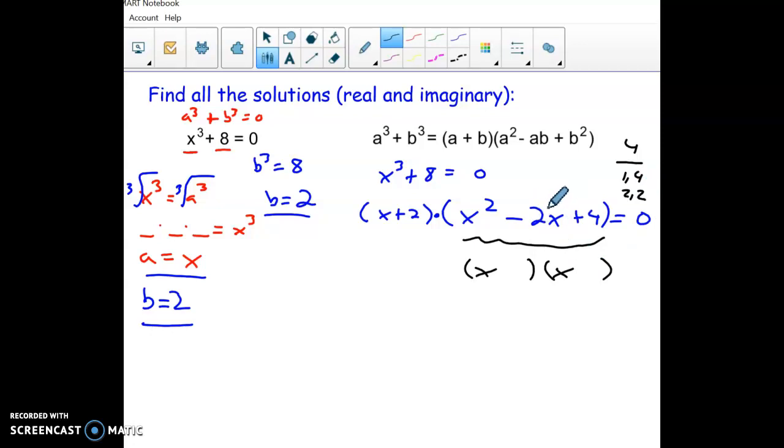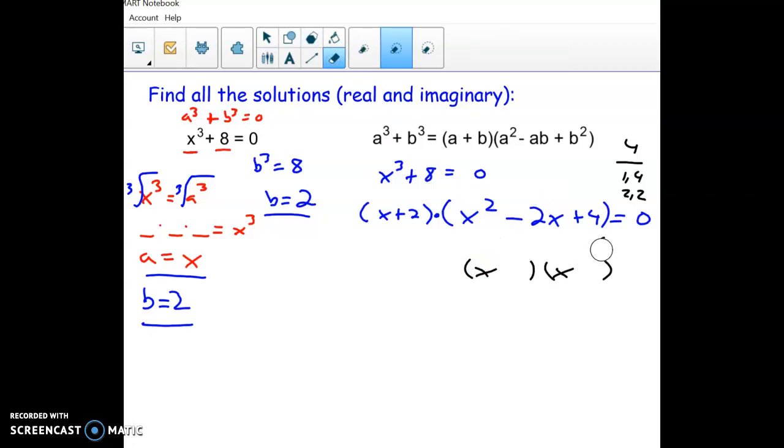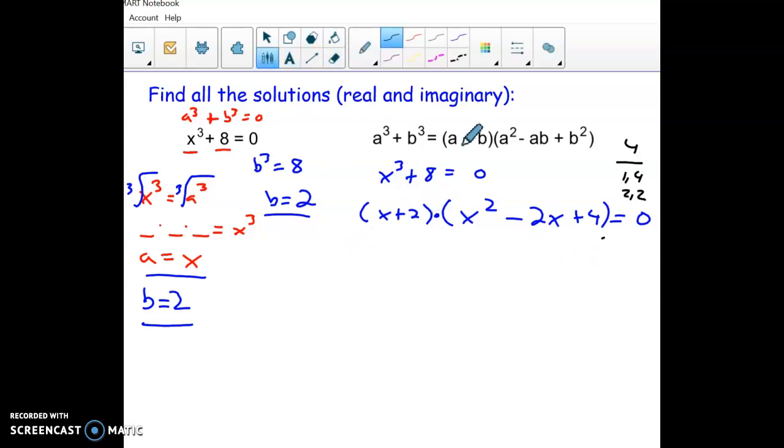There's no way to make a -2 using those numbers. Right, so long story short is that doesn't factor. So we've got to use one of our different methods for solving x squared. Right, so at this point, we can just take the x plus 2, set that equal to 0, and that gets you one of your answers is -2.